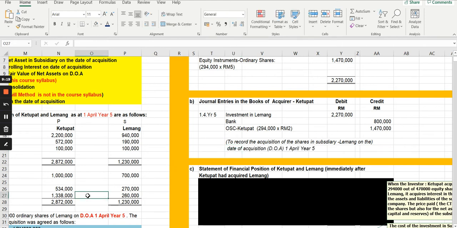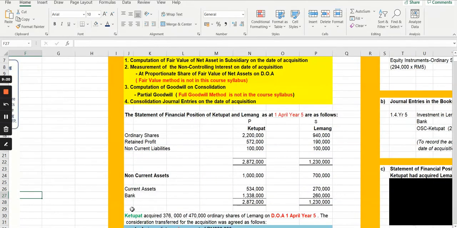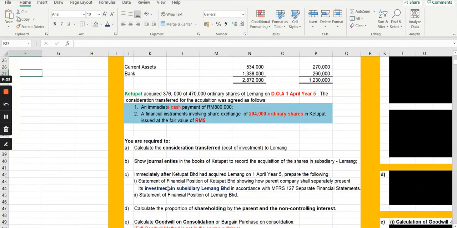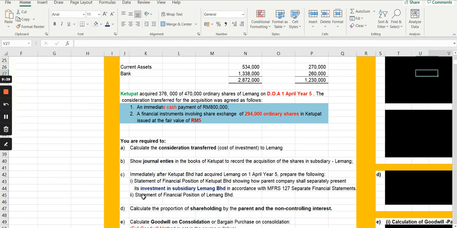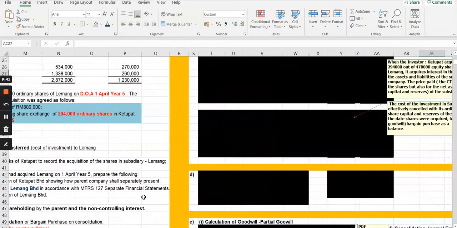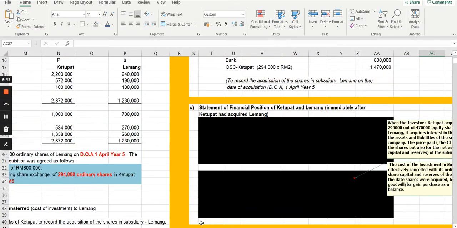Next, if you look at the requirement again, you are asked to prepare 2 statements of financial position, but I'm joining them together side by side. C1, statement of financial position of Ketupat. C2, statement of financial position of Lemang. For C2, it will be exactly the same as what you have seen before.